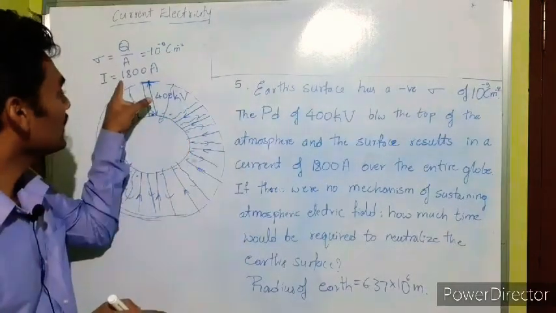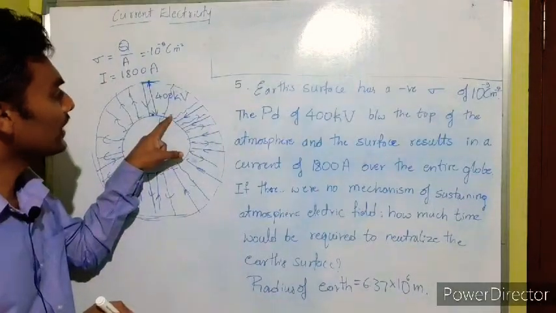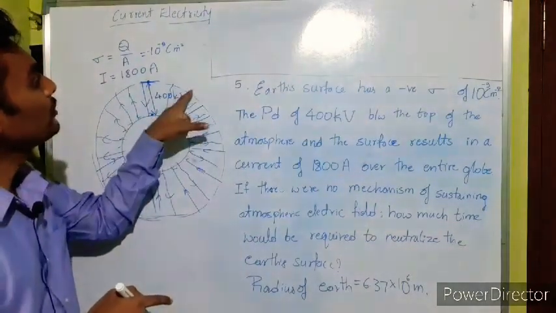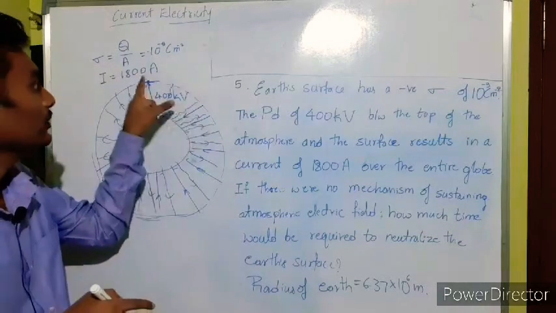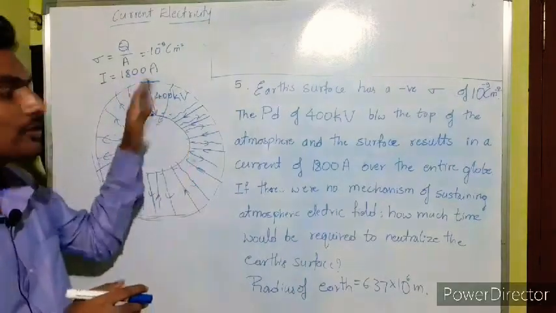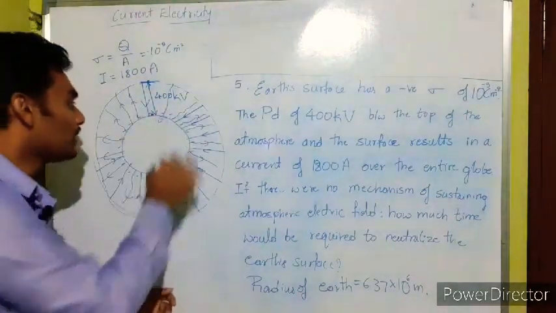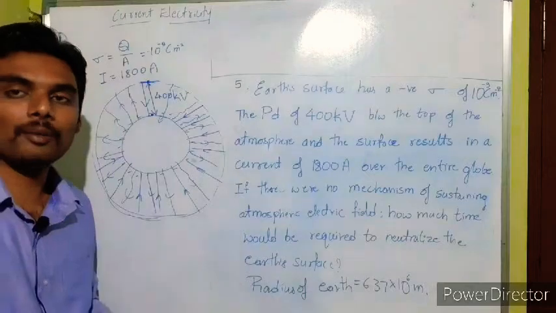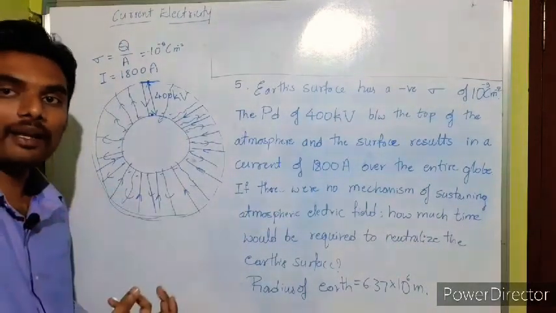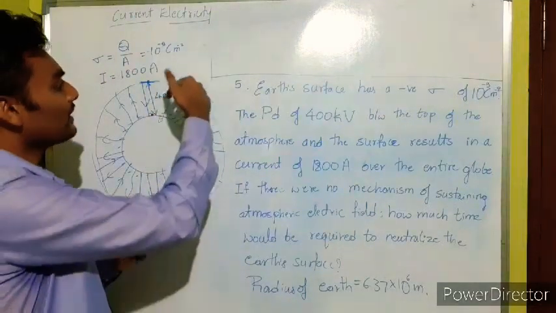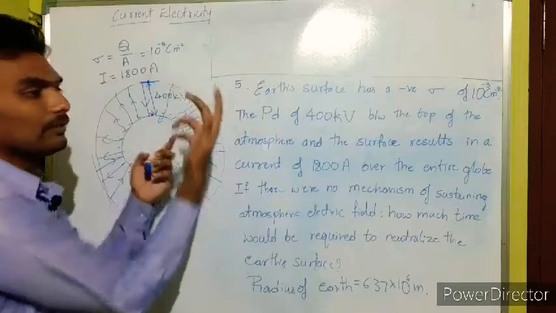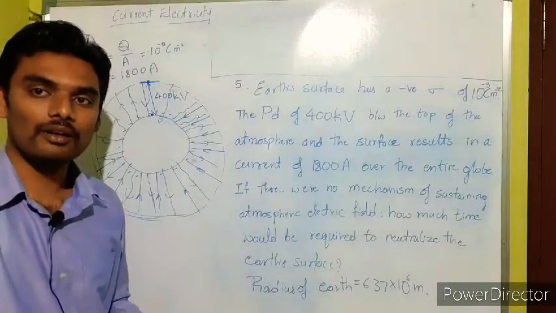This current is due to the flow of negative charges from the surface of the earth towards the top of the atmosphere. It is continuously and steadily there, and this current should have resulted in neutralizing the earth, but it is not happening. Earth is not getting neutralized. So there is one more opposite mechanism which is pushing the charges back into the earth surface, which are thunder, lightning, storms and all, right?